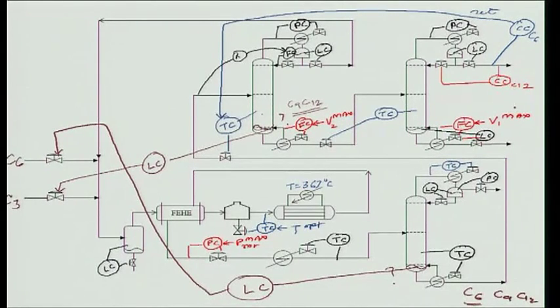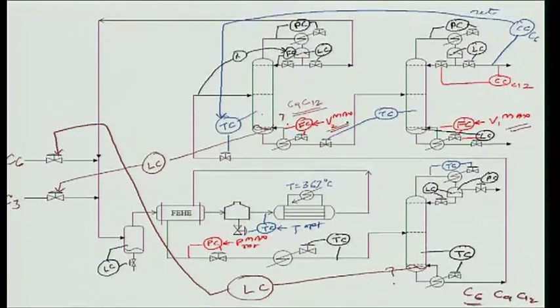Here I am having V1 at V1 max, no back off, V2 at V2 max, no back off, but what I have are two long level loops. So there were two economic constraints.